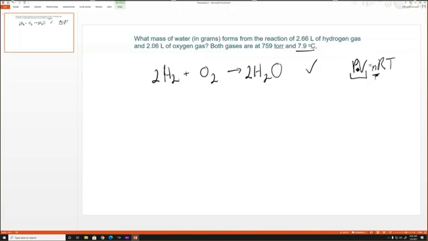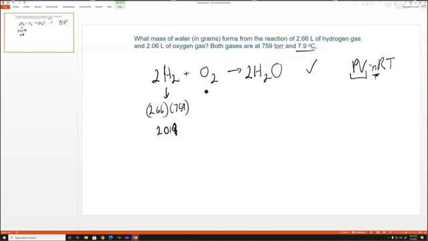So if we have the PV for hydrogen, we have the liters, the V, which is 2.66, times the pressure, which is 759. We can convert it to atm later. And this gives us a value of 2019, if you want to round.